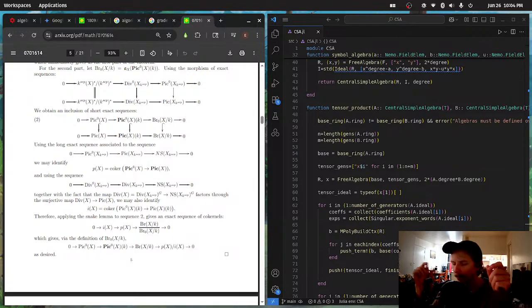And then the idea was maybe, okay, let's say you could do that. Then you have a module gotten from this map, and this is all happening over some field extension.